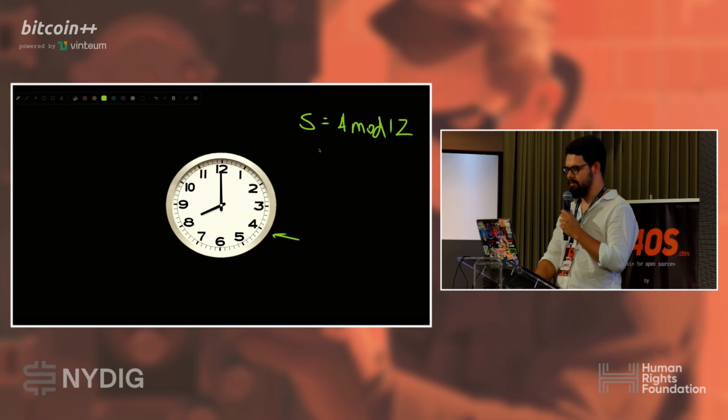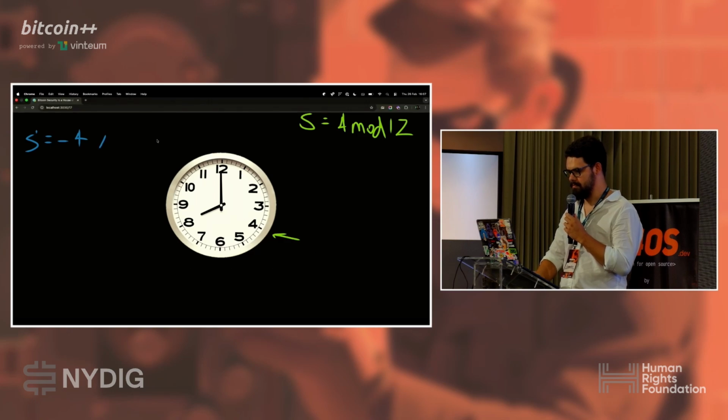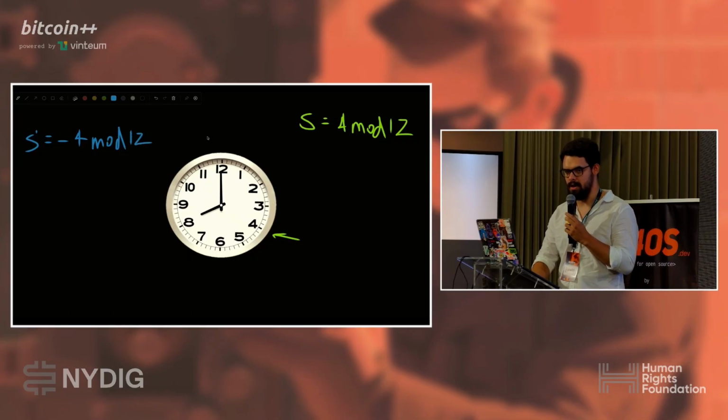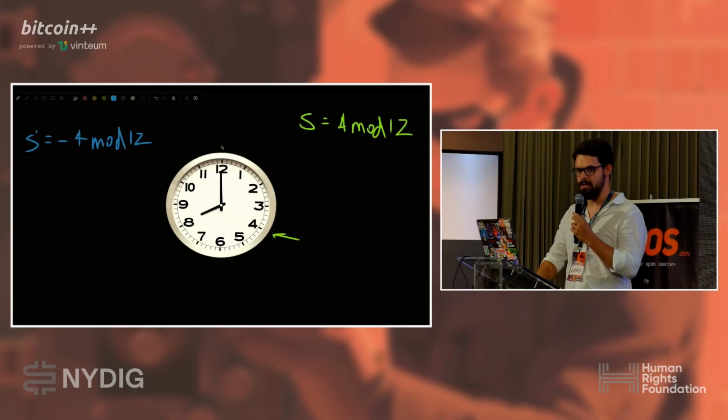But if I take minus 4 here, I'm going to call it S prime, and then I do the mod operation, it's basically saying, okay, I'm starting from here and then going back 4 positions.